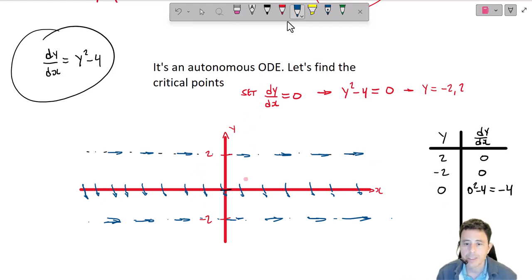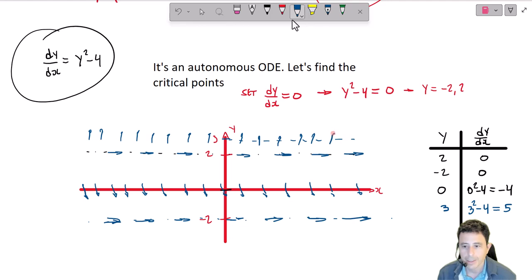Okay. Let's see what happens above the 2. Let's pick y equals 3. This would be 3 squared minus 4. Okay, so that's 9 minus 4. This is 5. So if I pick 3 here, then the derivative is very, very steep. It's 5. Right here.